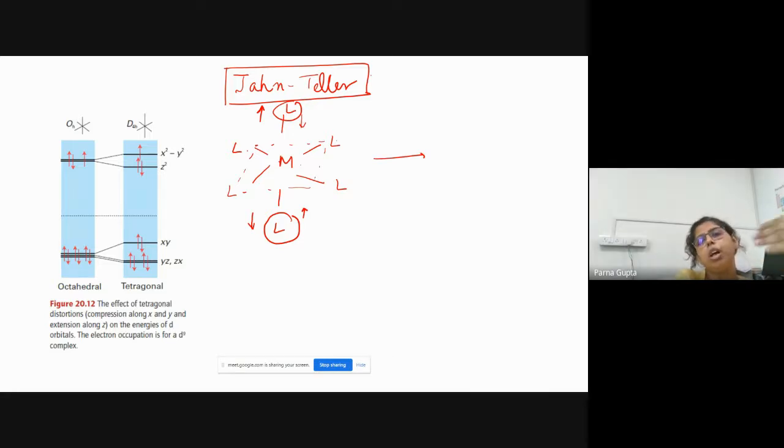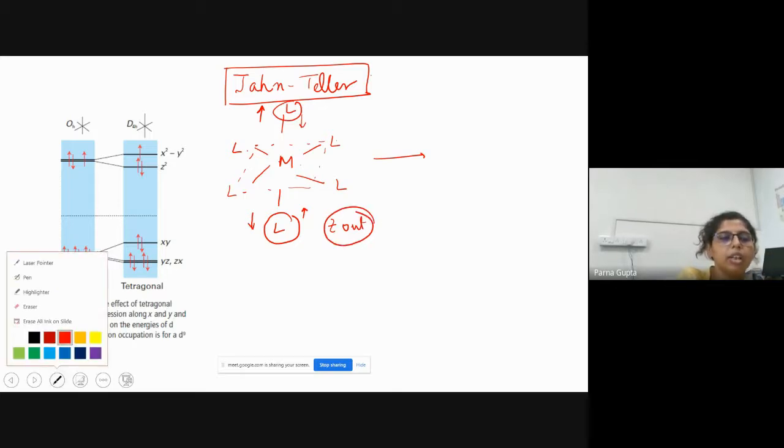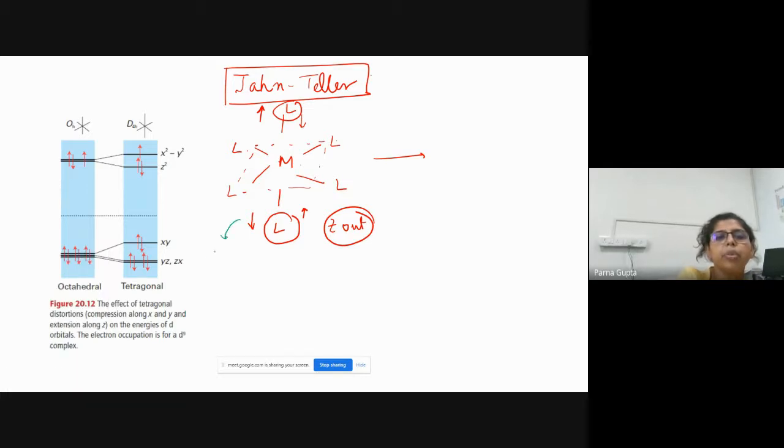So the symmetry is lowered, and you can see that if it is extended, then it looks like that. So what is the effect? If it is Z out, it means that it is this. This is very easy, but people sometimes make the mistake. So this is Z in.